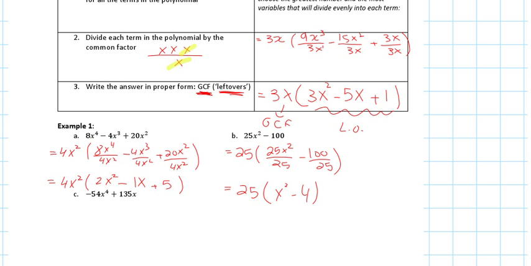What do you think would be a common term that I can factor out of negative 54x to the 4 plus 135x? x is going to be there, yes. How about the number? Is there any number that I can divide by both? Do you guys think I can divide by 5?